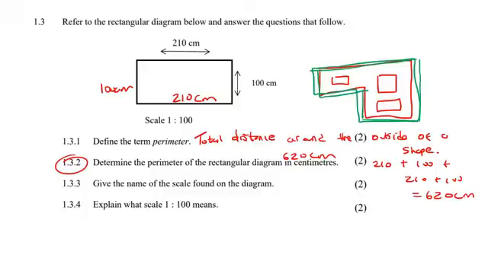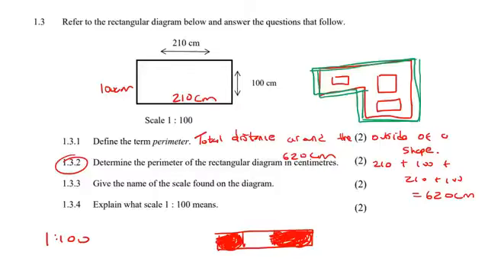620 centimeters. Give the name of the scale found on the diagram. Okay, so in maths literacy, we look at two different scales. We've got ones that look like this, and then we've got these other ones which have these bars. For example, this will be like a black bar, and then this will be colored in over here.